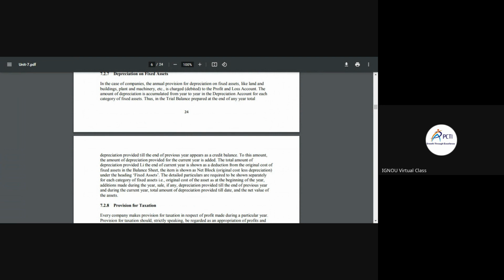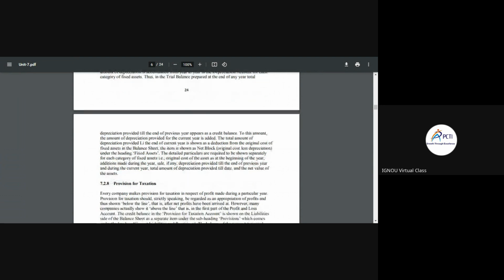In the trial balance prepared at the end of any year, the total depreciation provided till the end of the previous year appears as a credit balance. The depreciation provided for the current year will be added to it.